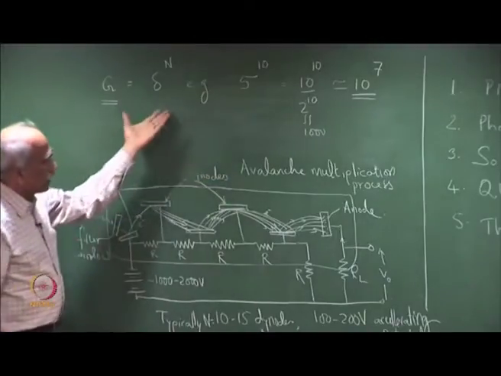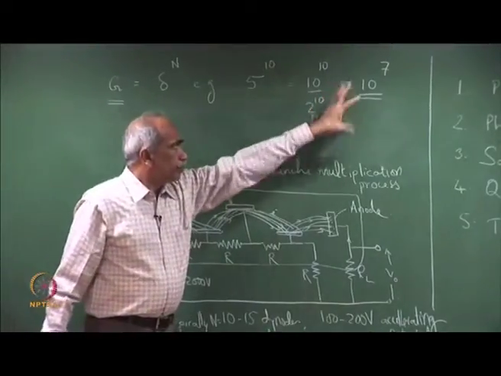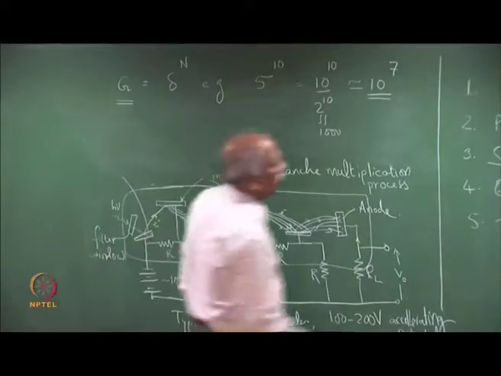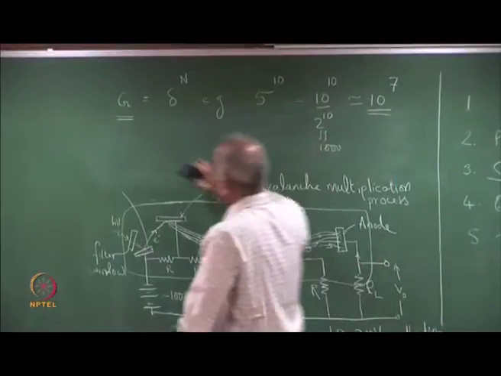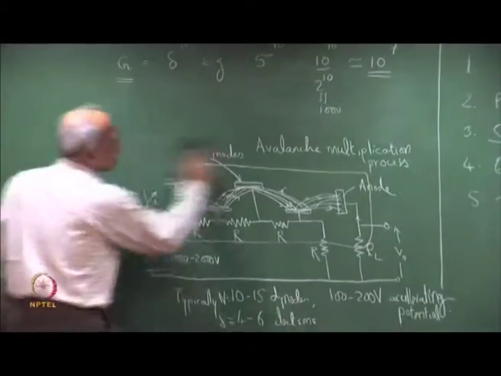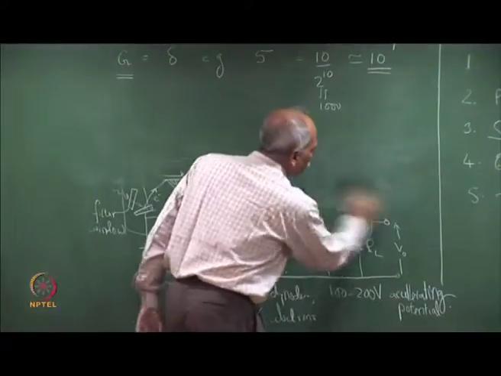So, how does this number manifest in terms of the detection power? We can take an example and see. So, let me erase this diagram here, and let me take an example.